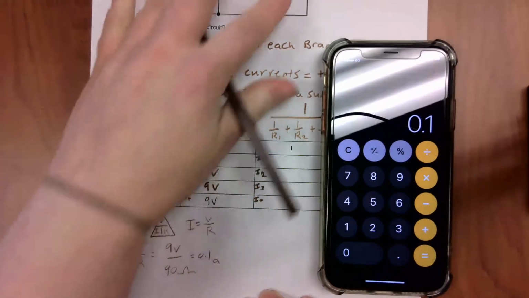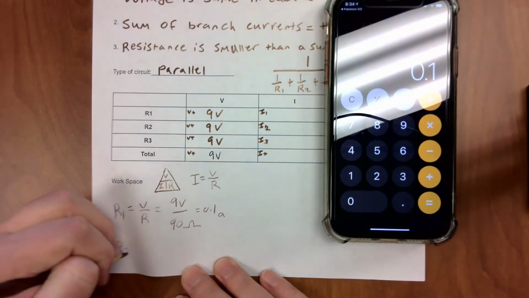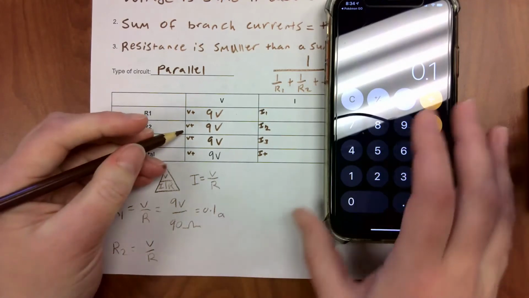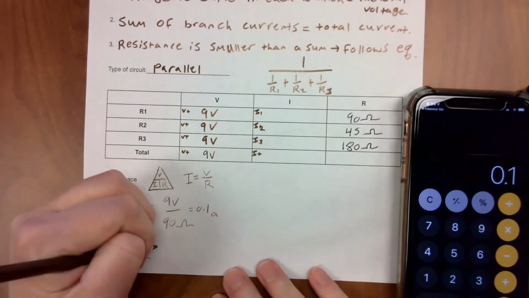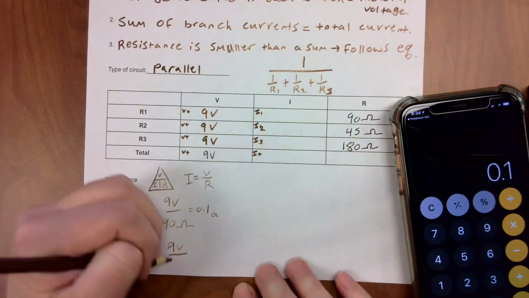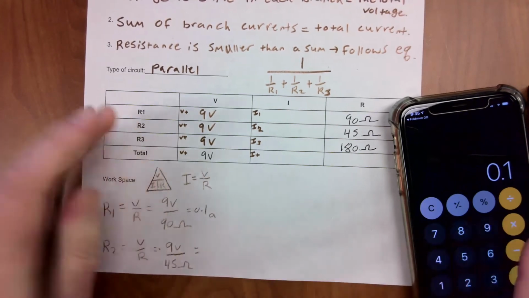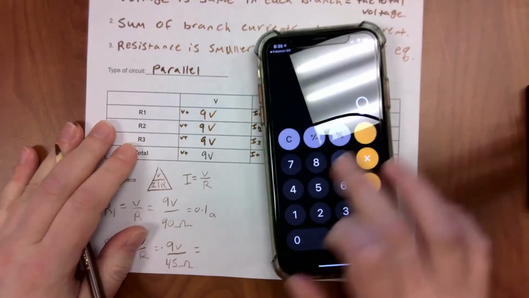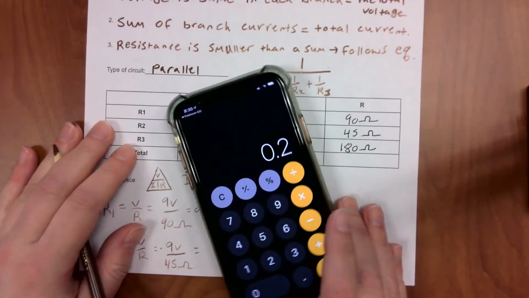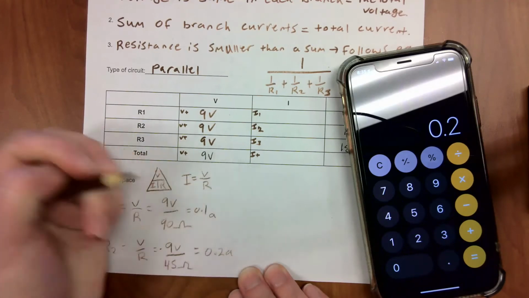Let's do R2. And that one is 9 volts as well over 45 ohms. 9 divided by 45 is 0.2 amps.